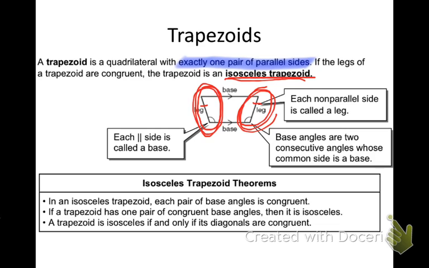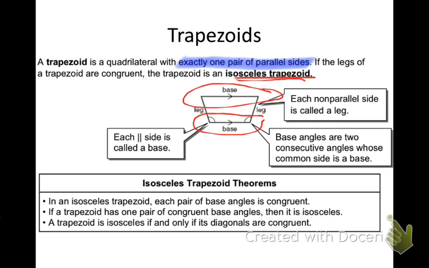Okay, that's important. Now, isosceles trapezoid theorems, these are special ones. In an isosceles trapezoid, each pair of base angles is congruent. So each pair, that means these would be congruent and those would be congruent. That's only true for isosceles trapezoids. Isosceles meaning two sides the same.